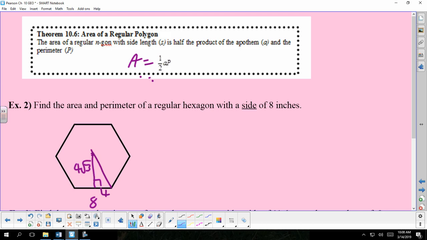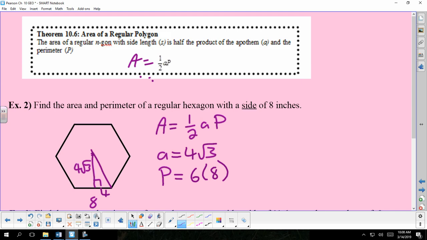So I have area equals 1/2 apothem times perimeter. My apothem is 4 root 3. And now my perimeter is going to be the number of sides, 6 times the side length, 48. My perimeter is 48.